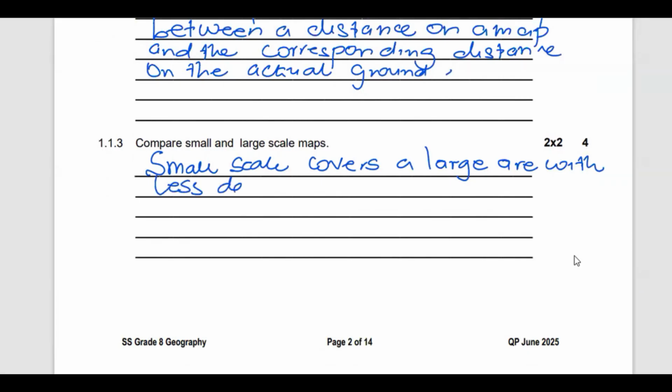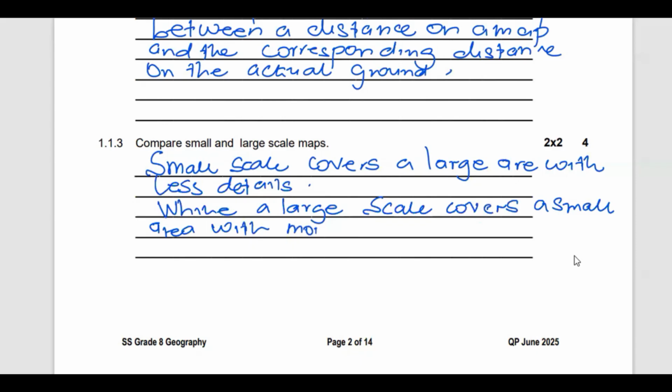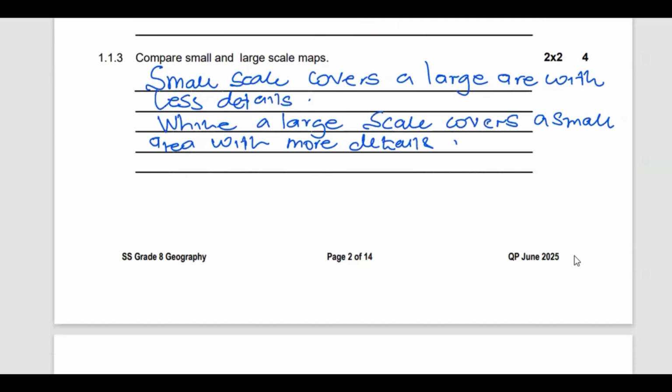While a large scale map covers a smaller area, like a map of a town, covers a small area with more details. Okay. Let's move on.